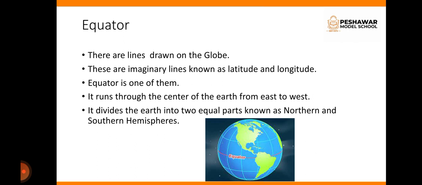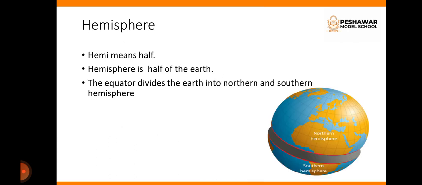It basically divides the earth into two equal parts known as northern and southern hemisphere. Northern hemisphere is basically at the very top, and southern hemisphere is basically at the very bottom. You will see in the picture the line of the equator, which is identified with a red color.